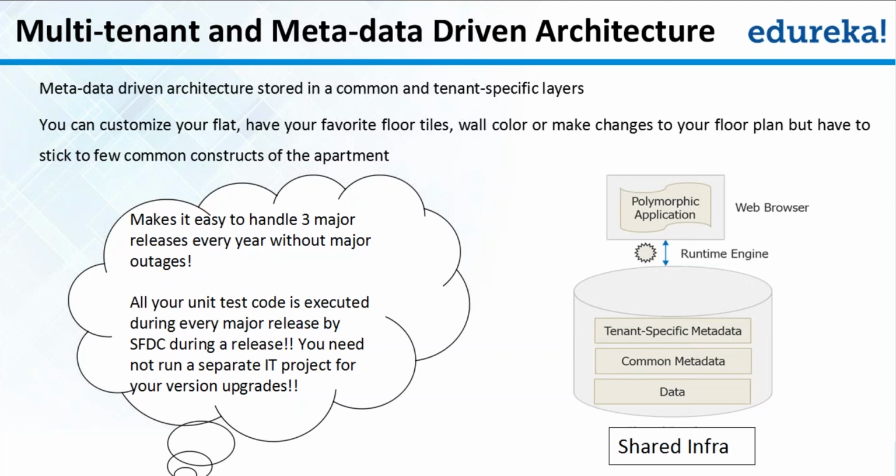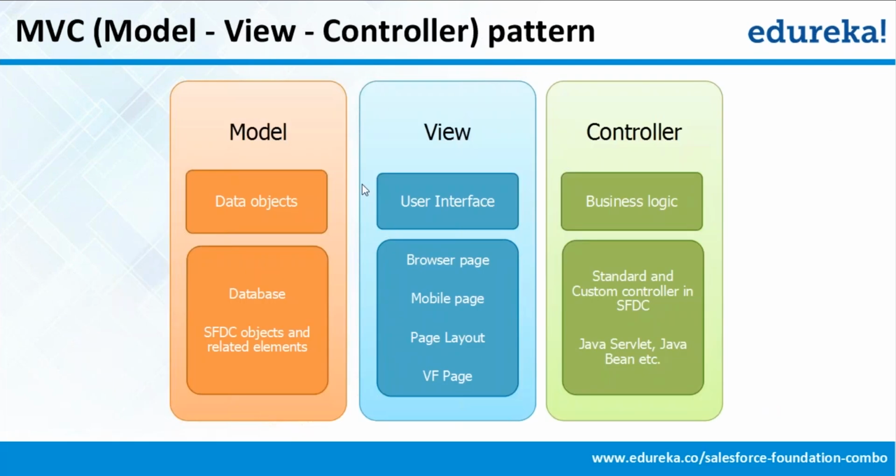So that's typically how it works here also, right? So people who have been in IT, I'm sure many of us would have heard of MVC, right? Model View Controller Pattern.